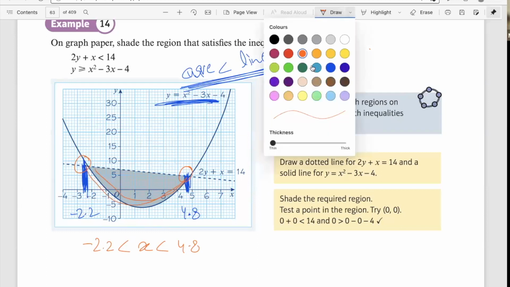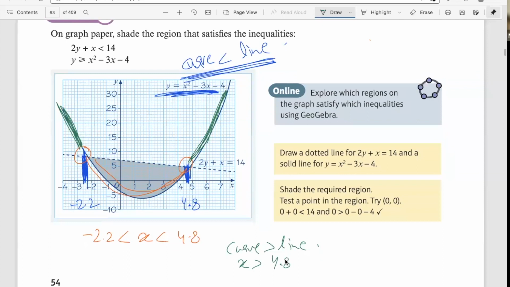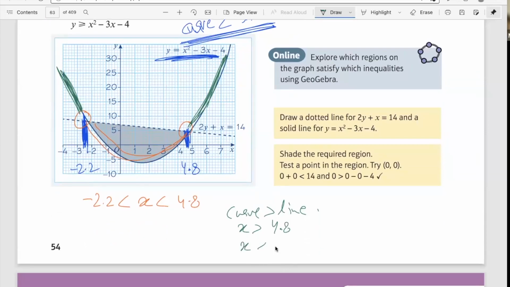If the condition is that the curve is above the line, so at this portion marked in green, the curve is above the line. So the value of x will be more than 4.8, or the value of x will be less than -2.2. Is this point clear? Yes.